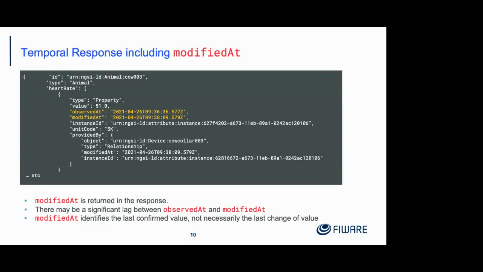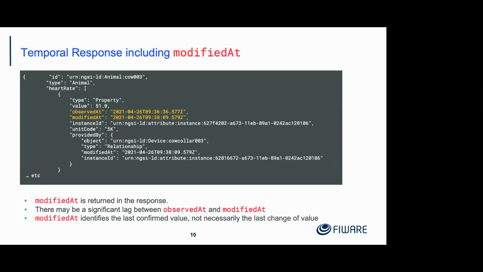And this is what a temporal response using modified at would look like. As you can see, I've just taken the heart rate here. It's the same as the temporal interface, which doesn't use modified at, but you've got one additional attribute.